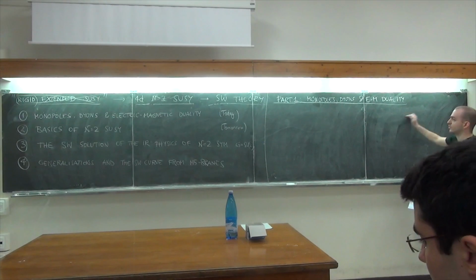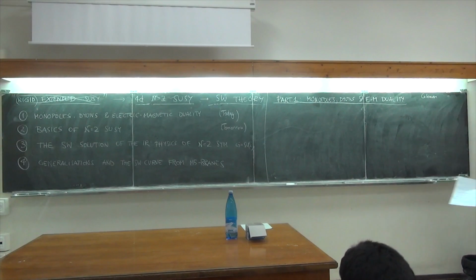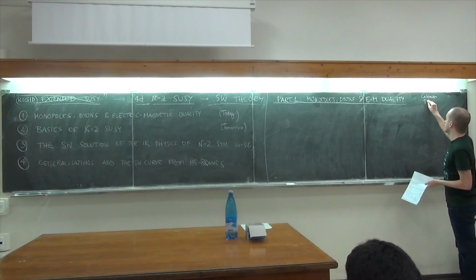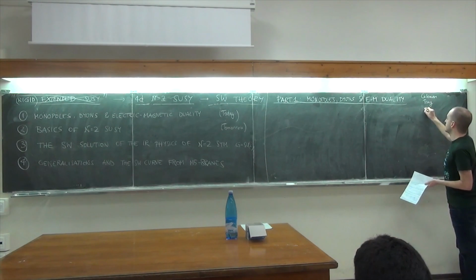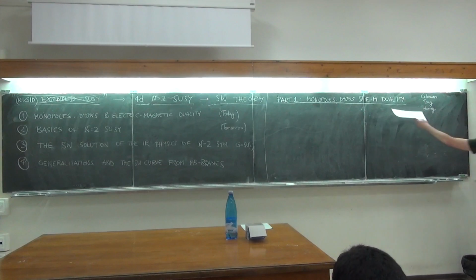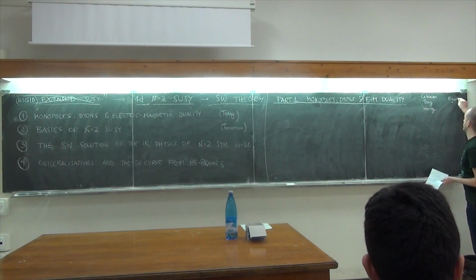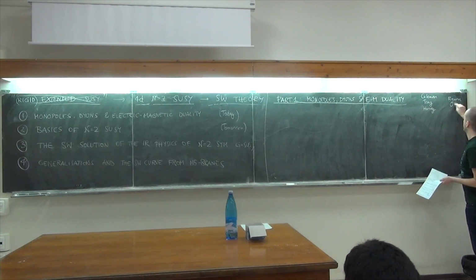For instance, if you go back to Coleman's classic lectures in the book Aspects of Symmetry, or more recent lectures like Tong's lectures or Harvey's. Also on electric magnetic duality, there are some nice lectures by Figueroa-O'Farrill, which are available on his website.